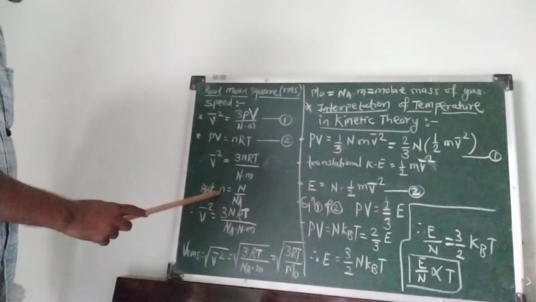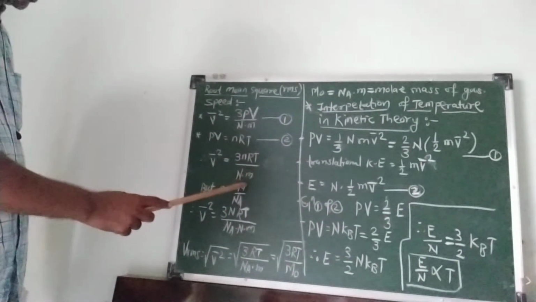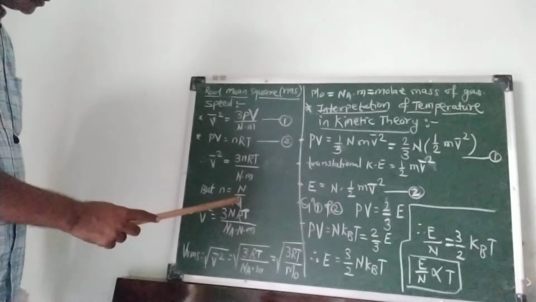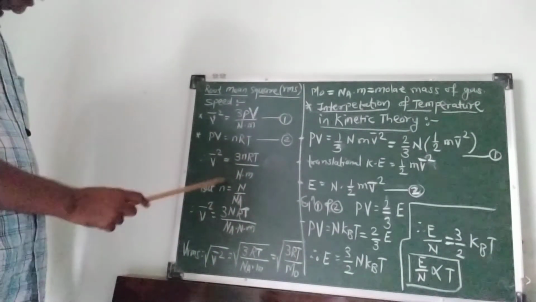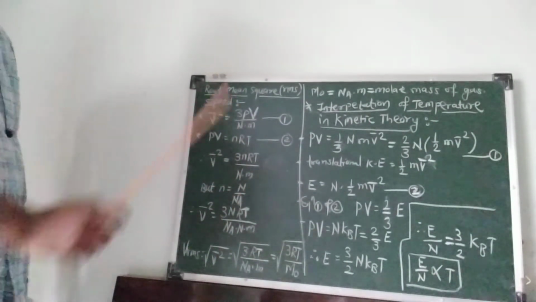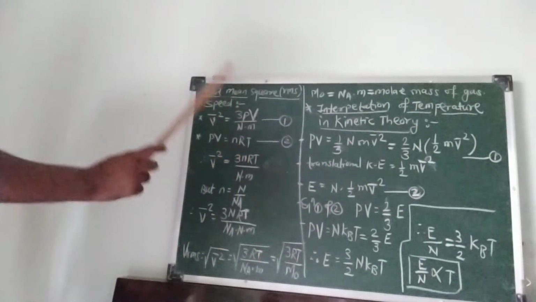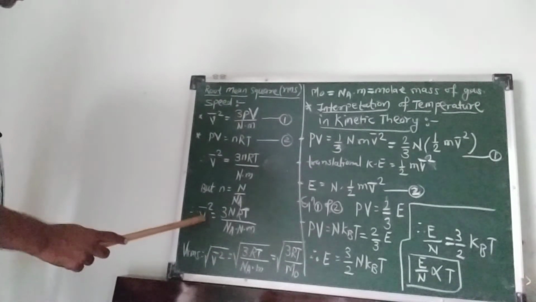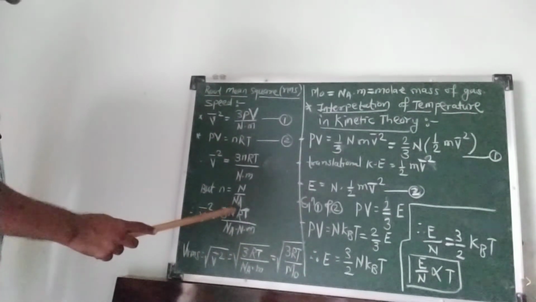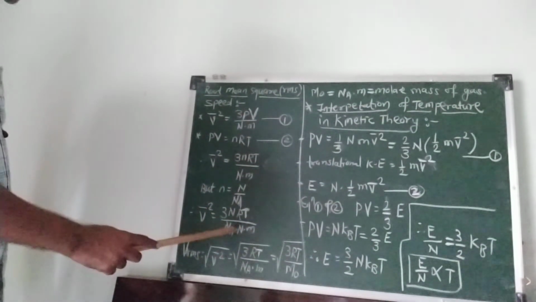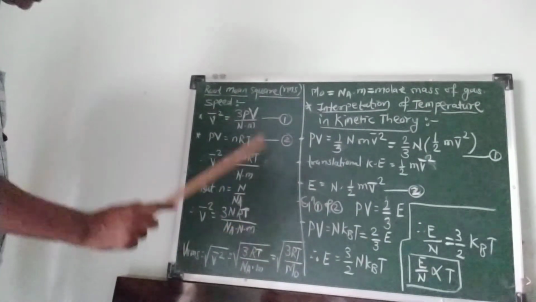But the number of moles is equal to the mass of the gas upon molar mass, and therefore n is equal to N upon Na. Substituting this value, V bar squared is equal to 3nRT upon Na into N into m.